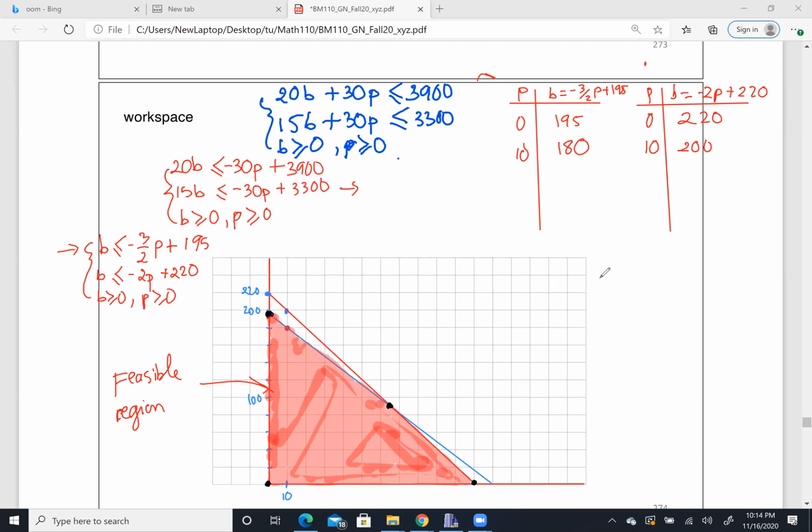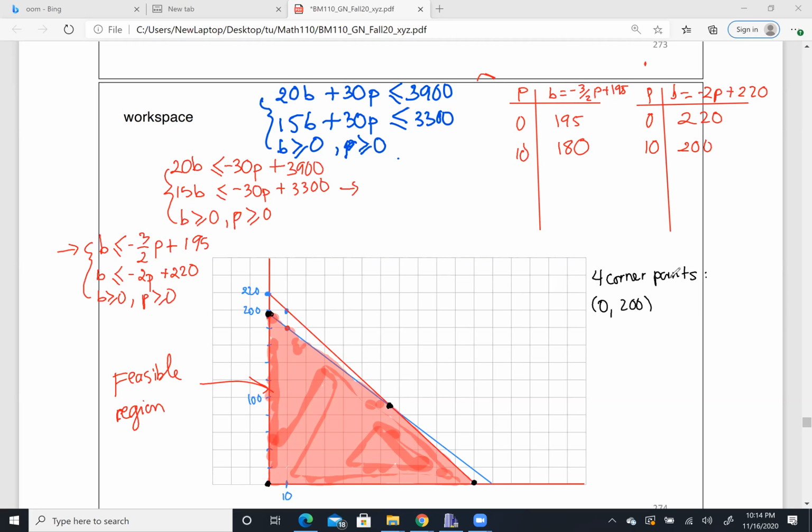In step 5, we have 4 corner points. So the first one is 0, 200, because this is the y-intercept of the... no, this is not 200.